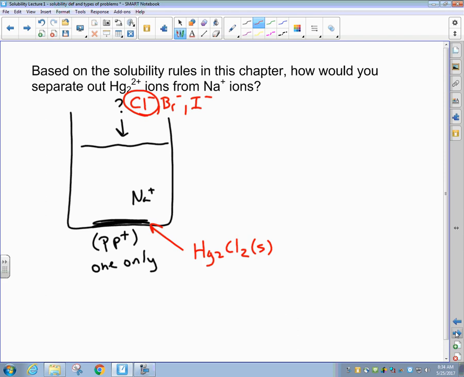You could add carbonates, phosphates, sulfides. You could add sulfate. So the list goes on and on. By no means do you have to make a complete list. What you need to do is just give us one. But I want to make it clear that for each problem, there can be multiple right answers for what you could add to potentially get one to precipitate out and not the other ion.